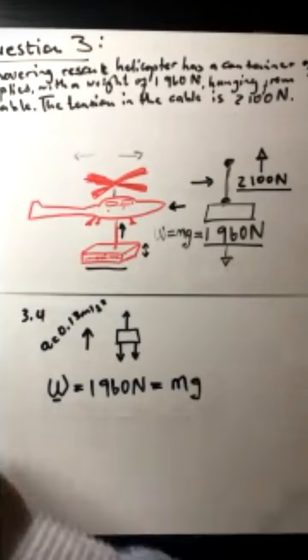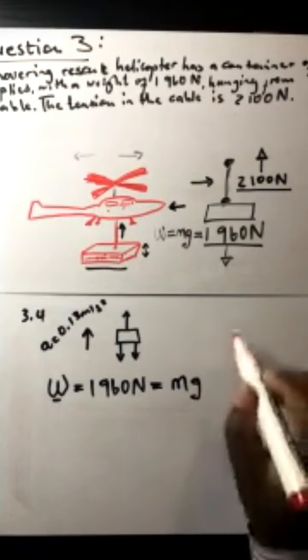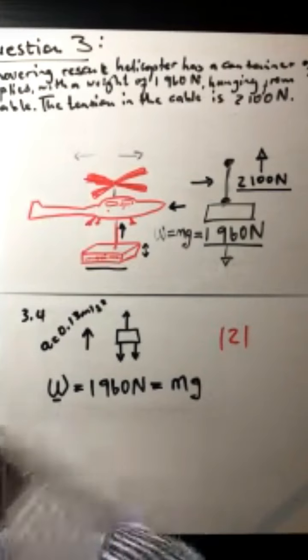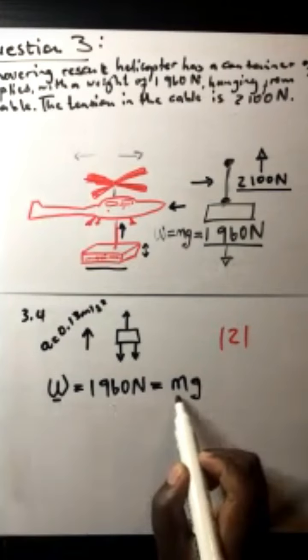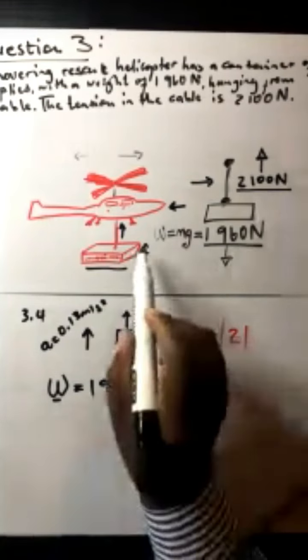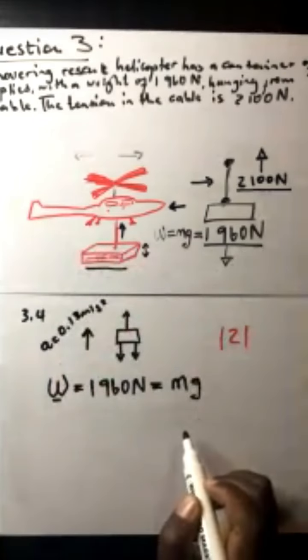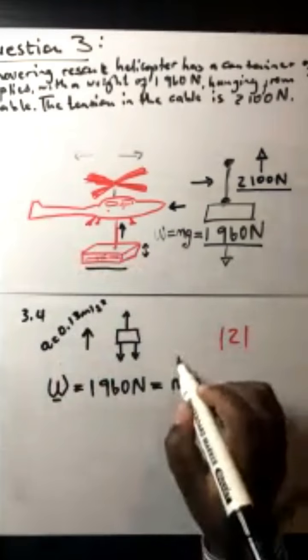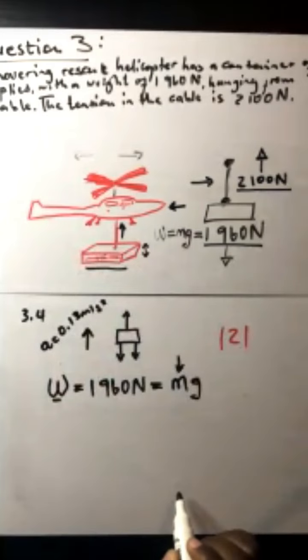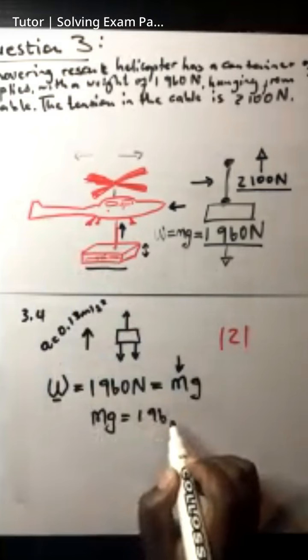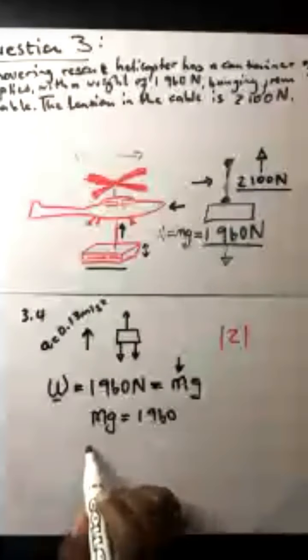So remember, guys, this question is allocated 2 marks. Now that we know the formula for calculating the weight of that container, it means we can use that same formula to answer the question because they want to know the mass of that container, which means we've got mg being equal to 1,960.